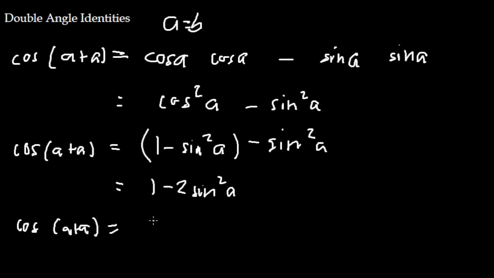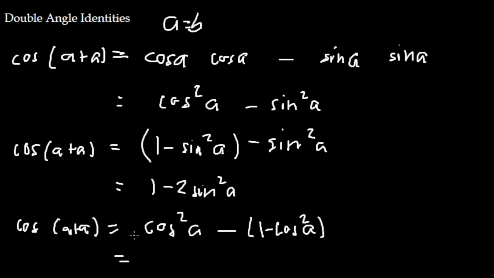Now, cosine squared of A minus, ang identity ng sine squared of A ay 1 minus cosine squared of A. 1 minus cosine squared of A. It's just a matter of simplifying na lang.